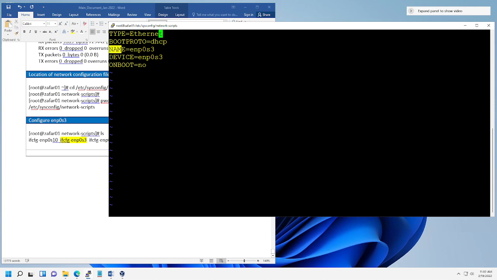And NAME means obviously the name of the device, the name of the configuration file, and DEVICE is also the same thing.